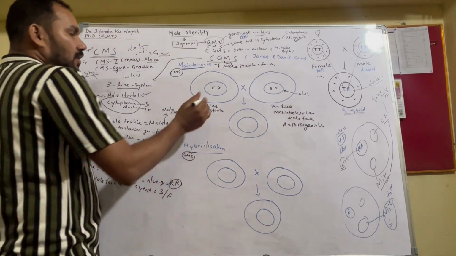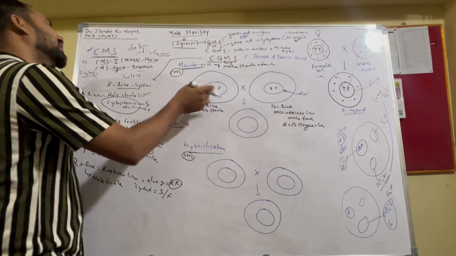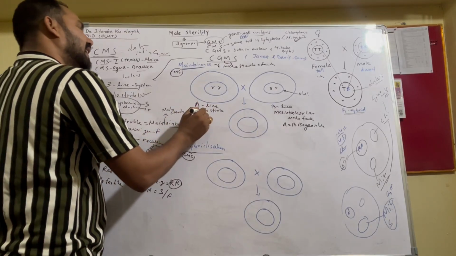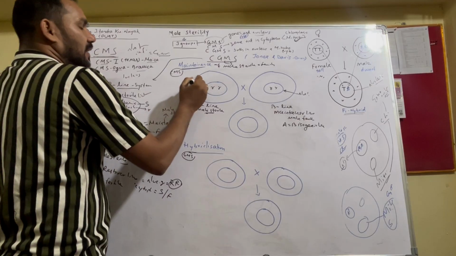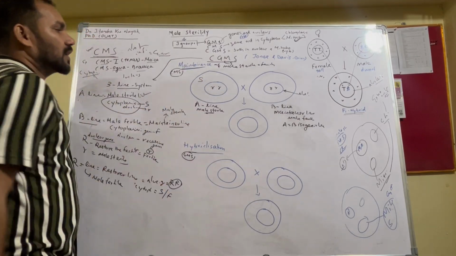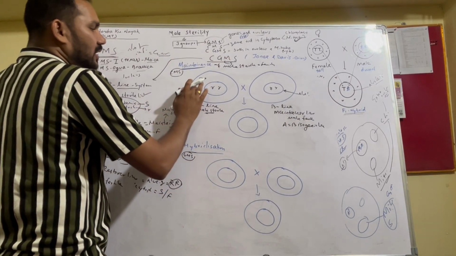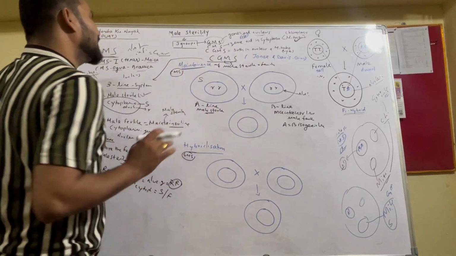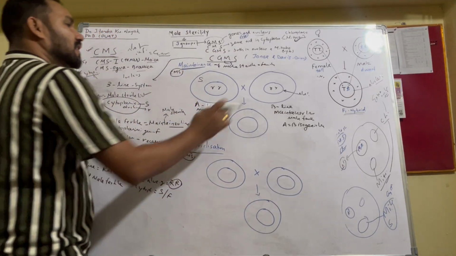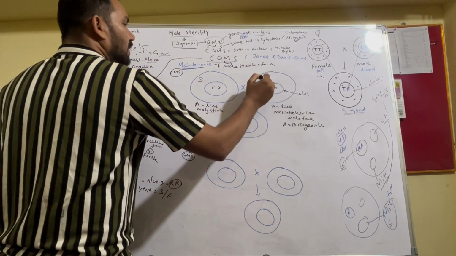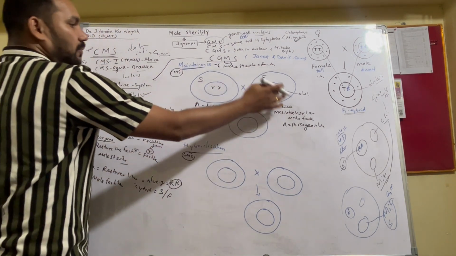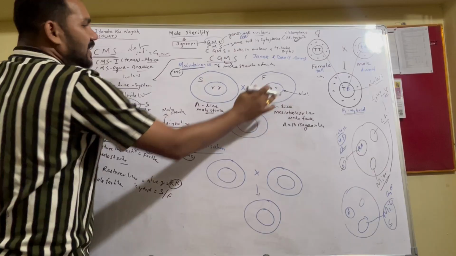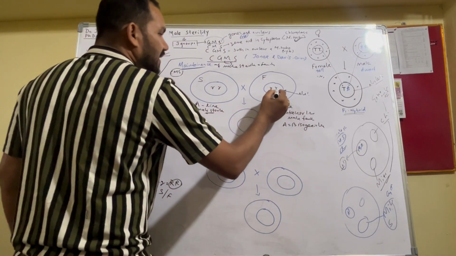But with respect to the cytoplasm, the male sterility is governed by the cytoplasmic gene, that is S. So in the cytoplasm, the mitochondria of the A line contain the sterility gene. The B line contains the fertility gene. That is why it is male fertile, though small r is present, since small r is recessive.